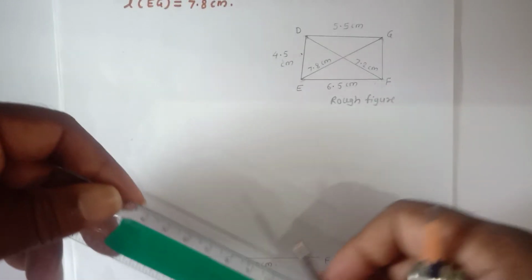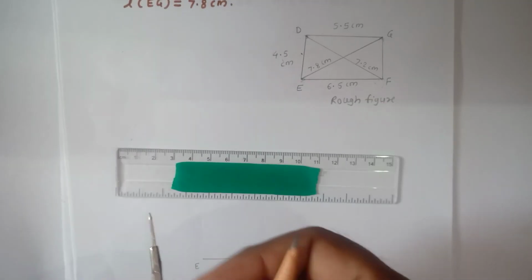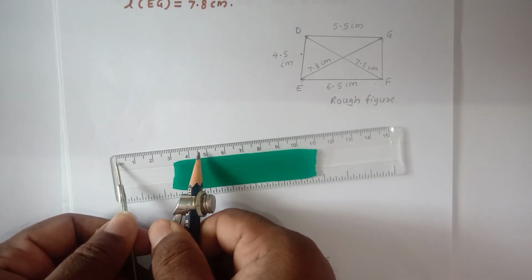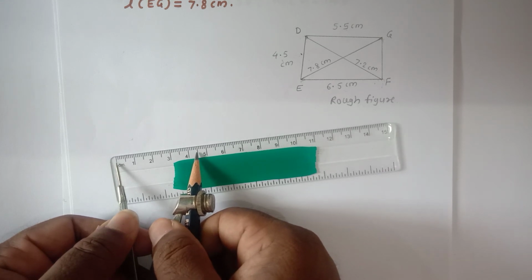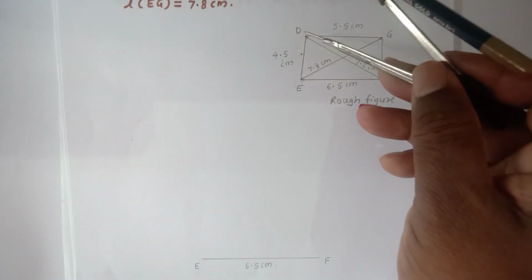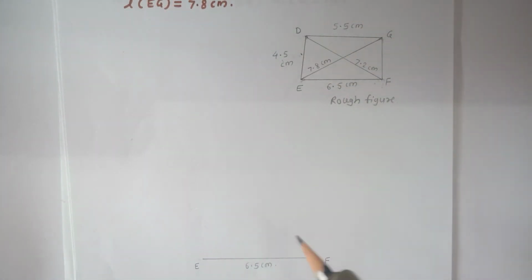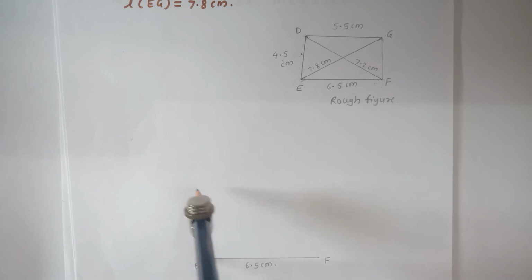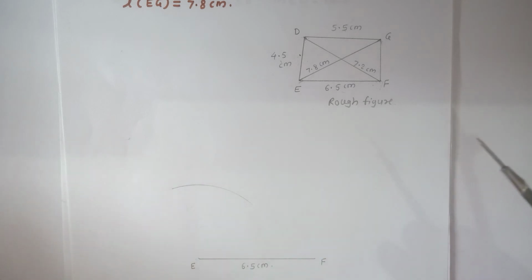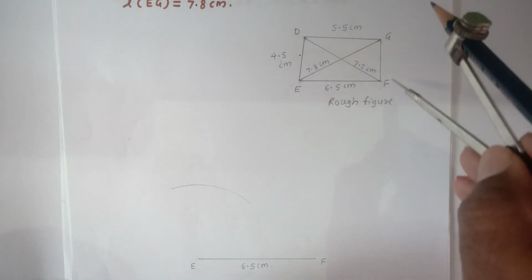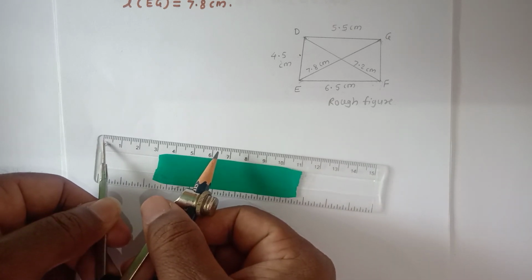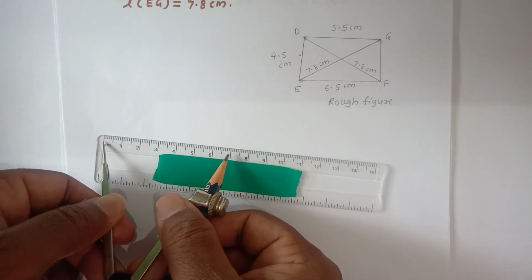Now take 4.5 centimeter distance in a compass, that is length of DE. Put compass on point E and draw the arc here. Now take distance 7.2 centimeter in a compass.